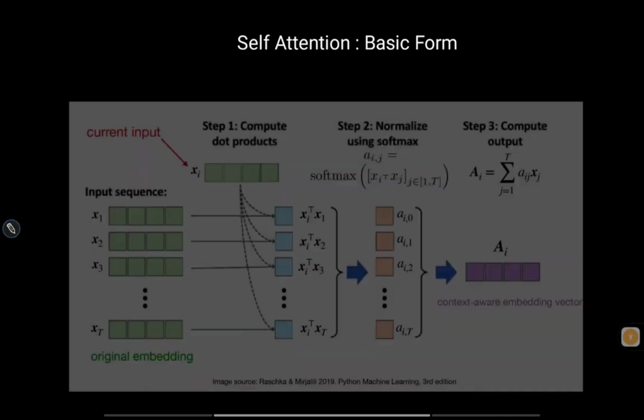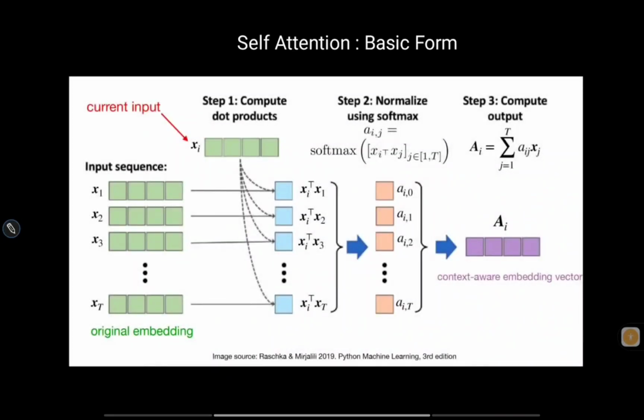Now let's try to visualize this basic form. We have this xi, which is my current input, and for that we are calculating the dot products between xi and all the other input tokens, which are x1, x2, x3 up to xt. This dot product gives you the similarity between these two tokens.